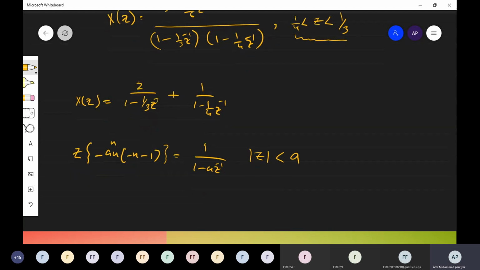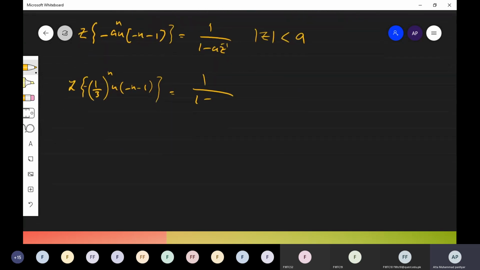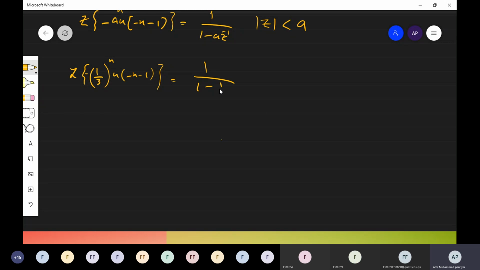So using that identity, the z transform of minus (1/3)^n u[-n-1] must be equal to 1 upon 1 minus 1/3 z^-1, given that |z| must be less than 1/3, right?